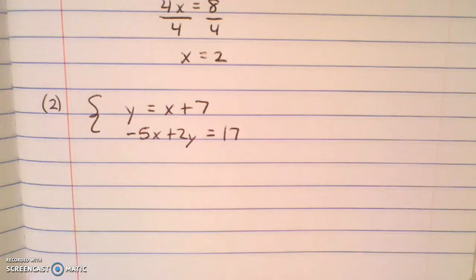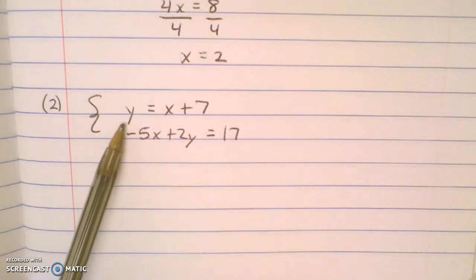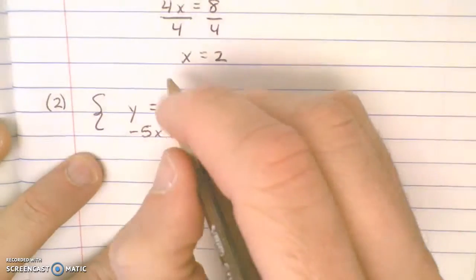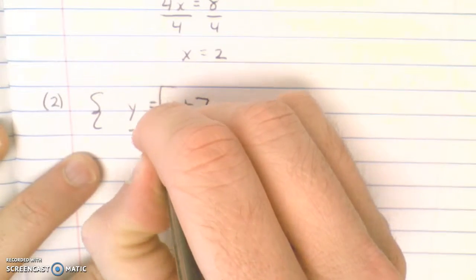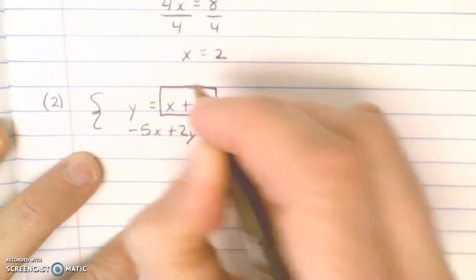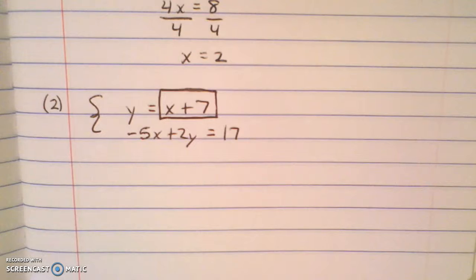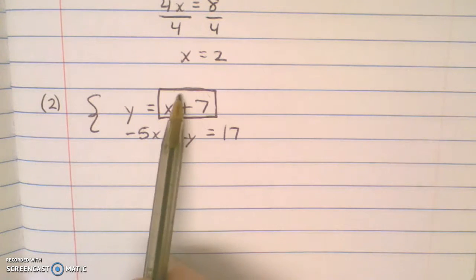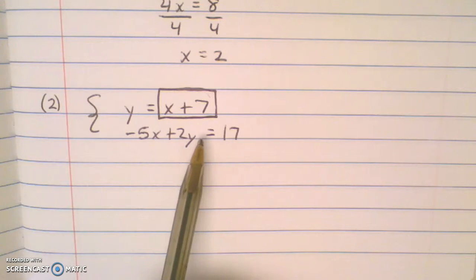So then I look, is one of the variables solved for, which means is one of the variables all by themselves. And in this case, again, we have y all by itself. What I'm going to do is box the whole thing that y is equal to, because now this is what I'm going to replace for y in the other equation. If y equals x plus 7, then I can take this whole thing and plug it in for y.